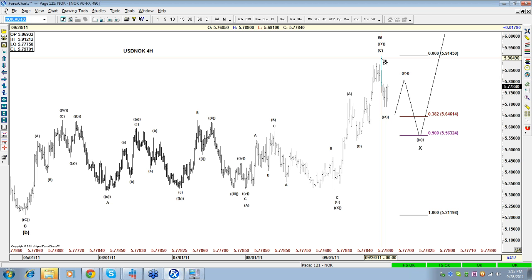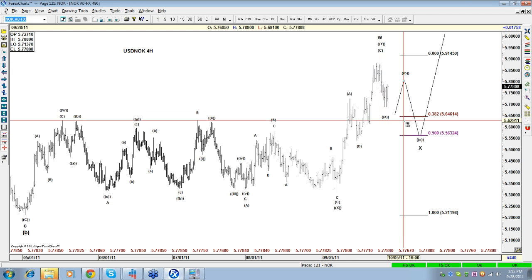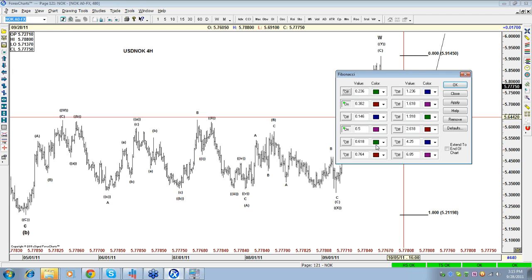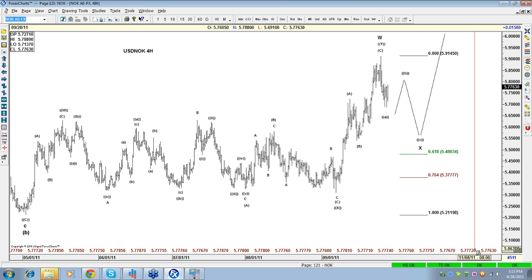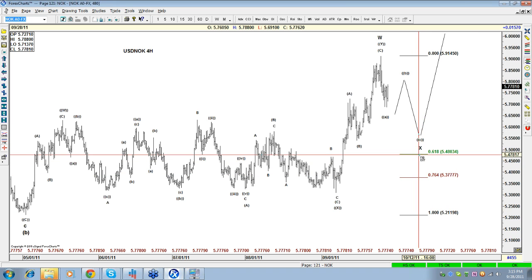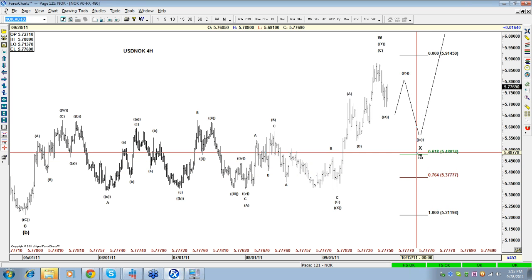So I want to leave one door open because this can get extension lower. This can get here, or even I bet around this area should bounce.